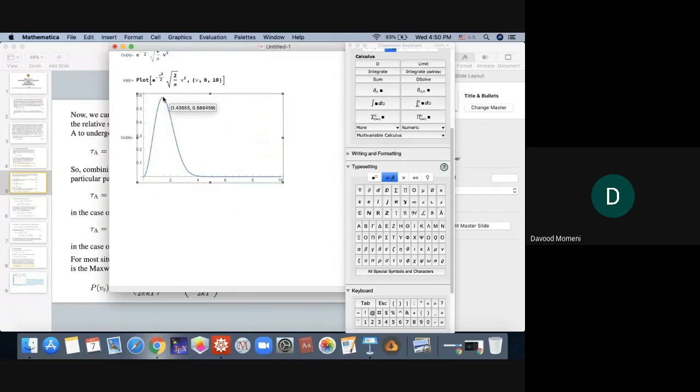The coordinate for the maximum is 1.4 as a speed, and the maximum is 0.58. Theoretically, you can also find the maximum by writing the maximum of this function over v. I think it will work. Maximize. So this will be the maximum value of that.